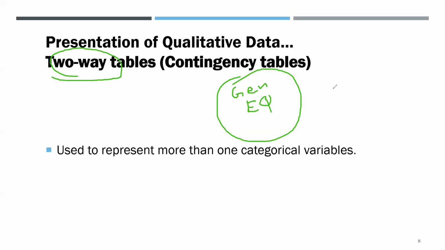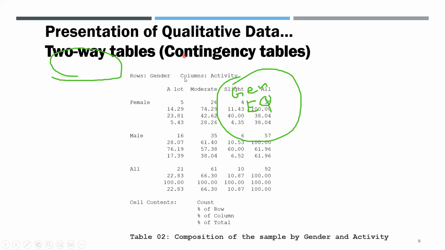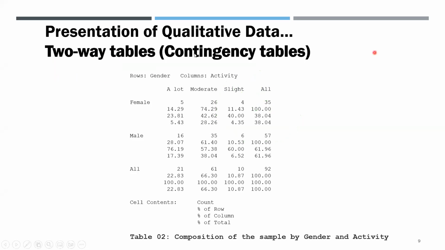Okay, let's look at an example. Here, this is a two-way table, and I have also taken this using the software called Minitab. And if you have Excel, you can easily come up with these kinds of graphs.